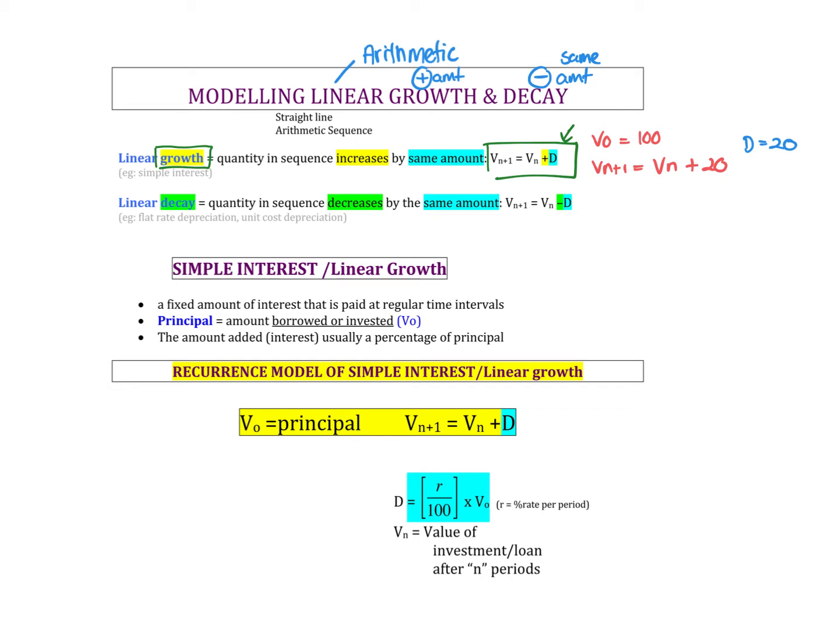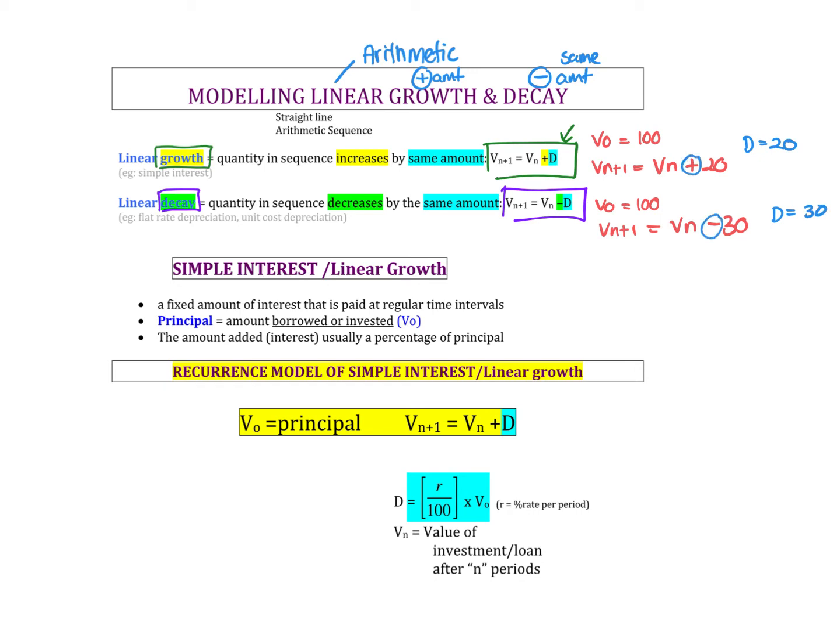If you see here when we've got decay, in the recurrence relation, it's minusing. So say if I did an example next to it of a recurrence relation, we would see, say, minus 30. So the difference is still 30, but it's getting minus. Can you see? And those two are different.